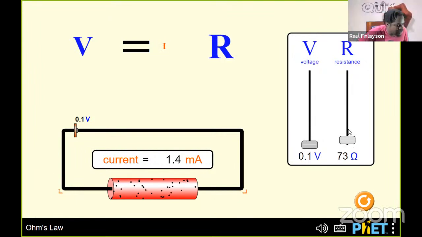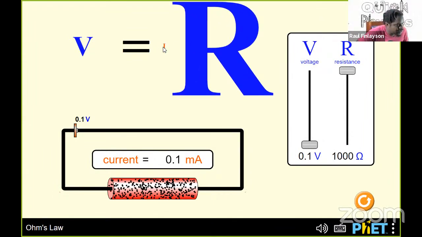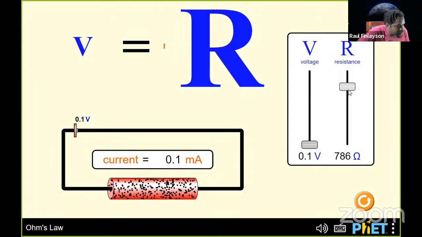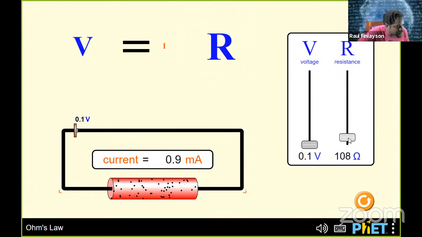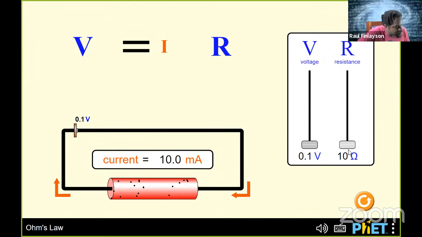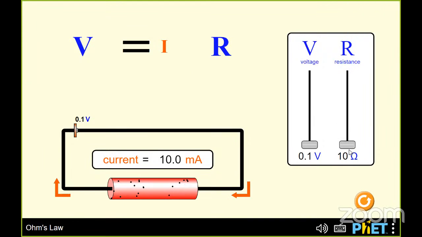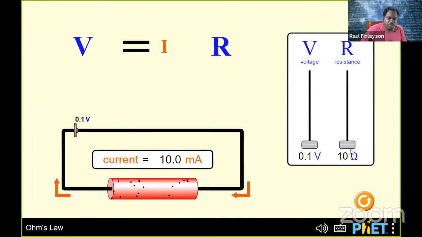So increase the resistance, the current decreases. If I decrease the resistance, what happens to the current? It increases. Very important relationship to remember, guys.